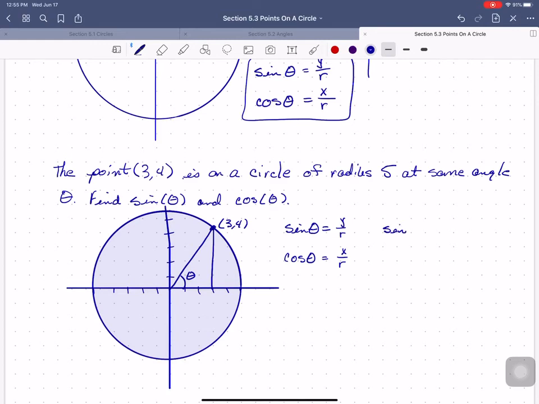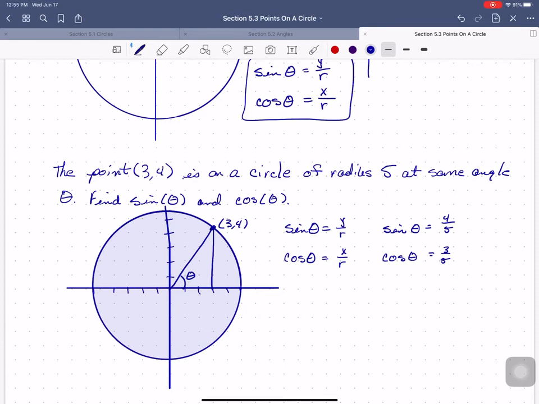So that means that sine theta is 4/5, and cosine theta is 3/5. So goody for us.